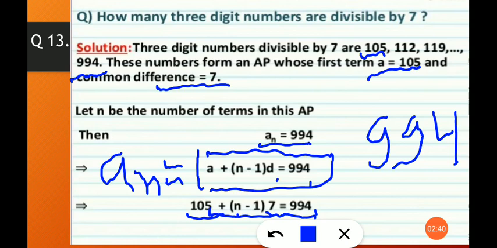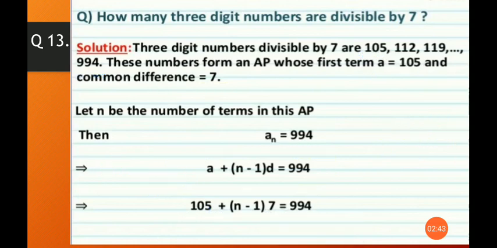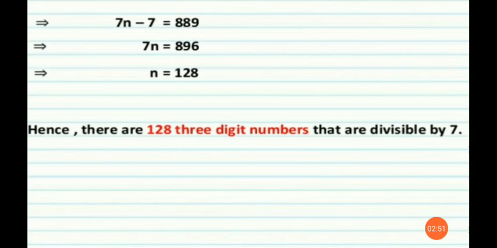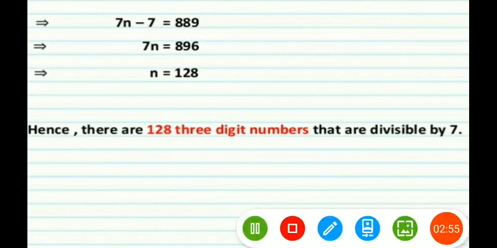After solving it, we will get the value of n. Just solve it and tell me the answer. Yes, you will get n is equal to 128, which means that there are 128 three digit numbers which are divisible by 7.